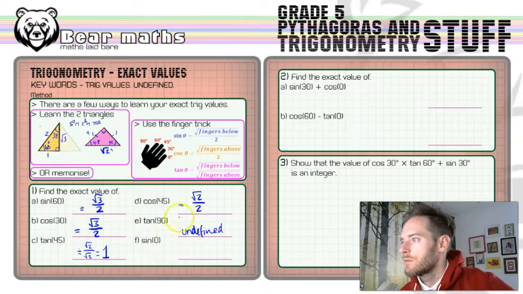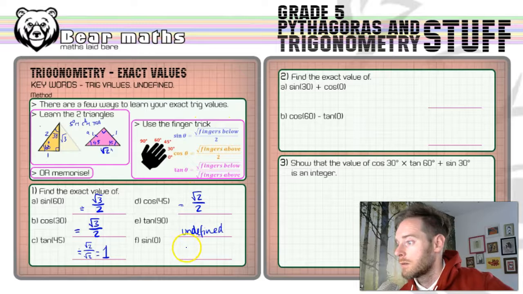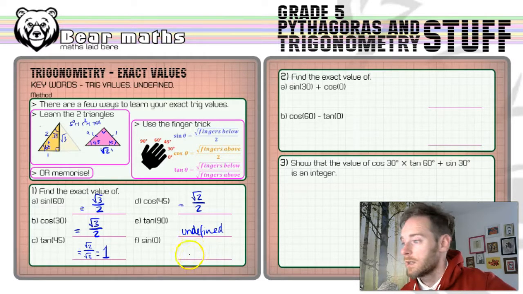And then sine of 0. Sine of 0 is 1, 2, 3, 4. That's going to be 4 fingers above. That's root 4 over 2. No, sorry, sine of 0. That's no fingers below, is it? 0 fingers below. So that's going to be 0 divided by 2, and 0 divided by anything is going to be 0.